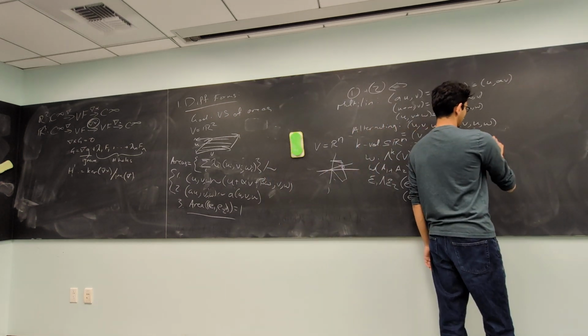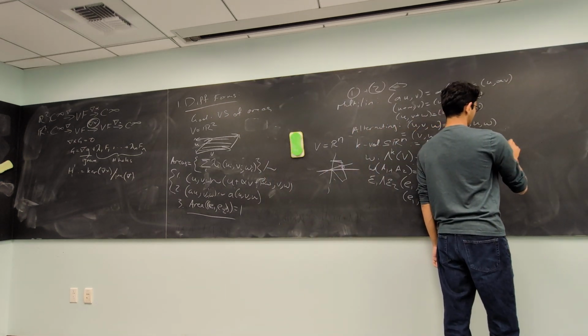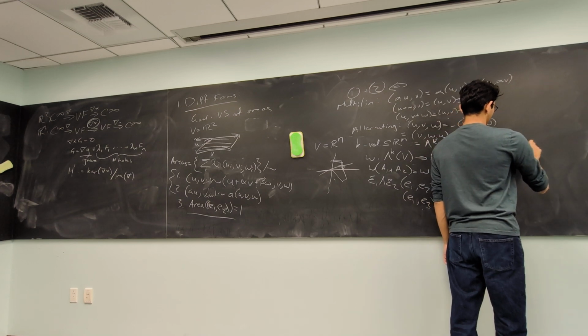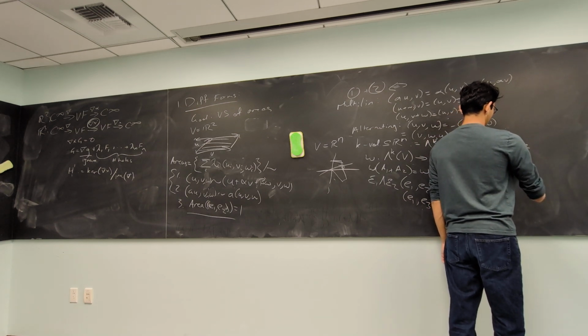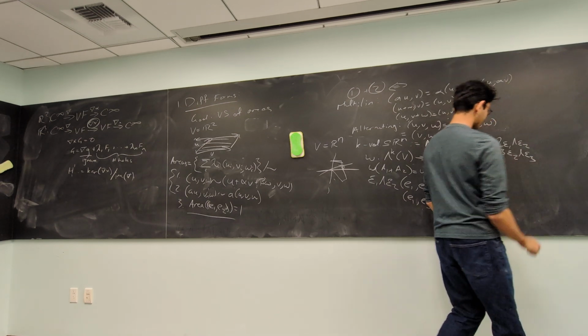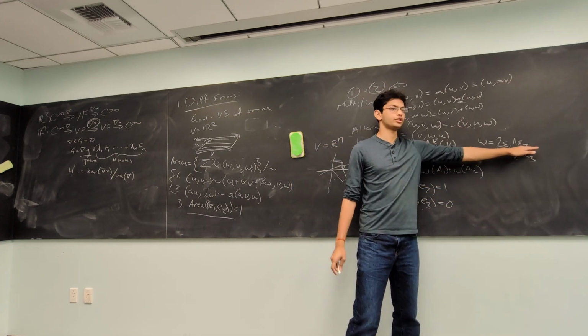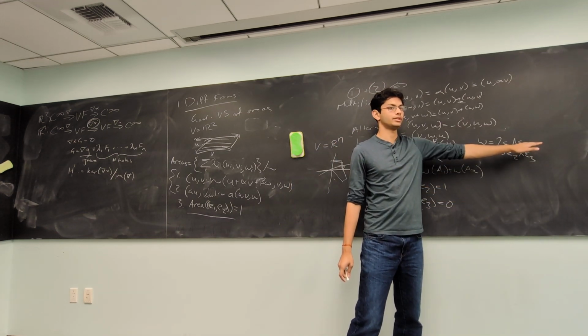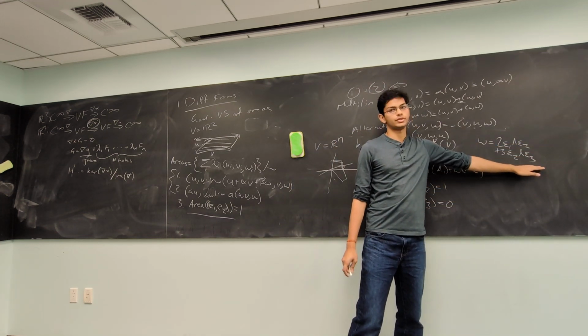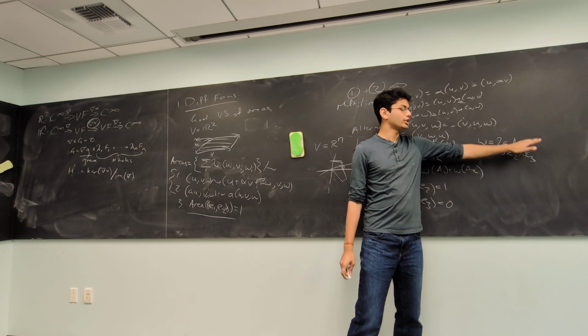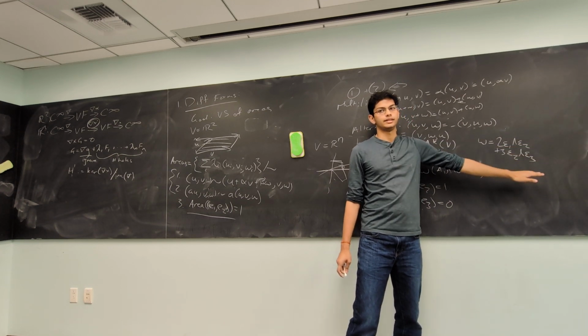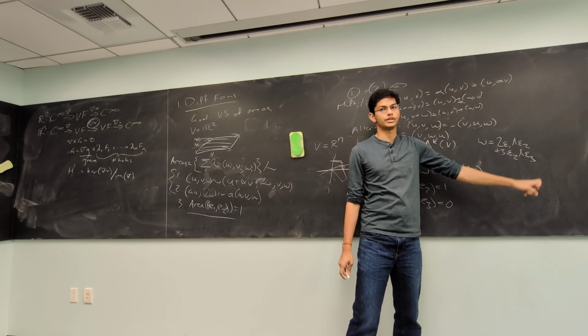You can say, for example, take omega equals 2 epsilon1 wedge epsilon2, plus 3 epsilon2 wedge epsilon3. This is some function which takes in two vectors and gives you a number, and this is some function which takes in two vectors and gives you a number. So all you're doing is adding functions now, which makes more sense than adding formal linear combinations of areas.